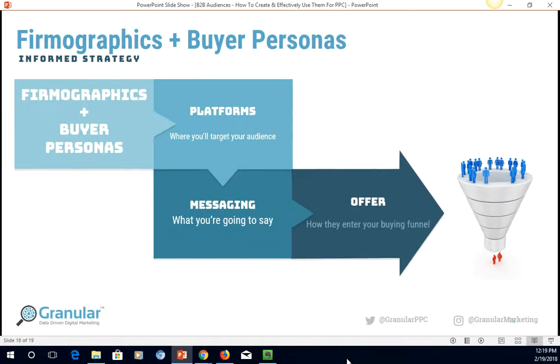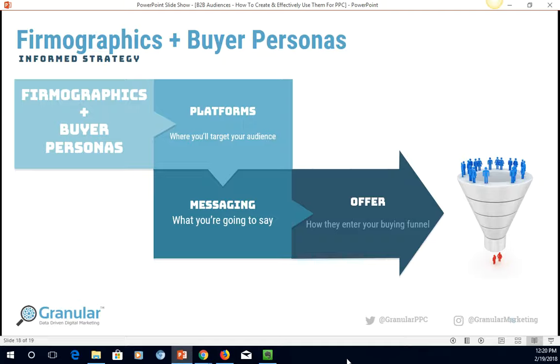So you can see here, combining your firmographics and your buyer personas is going to give you an informed strategy. You're not just going to be going to these platforms and saying, this is what we offer, and so, hey, buy from us and download our white paper.